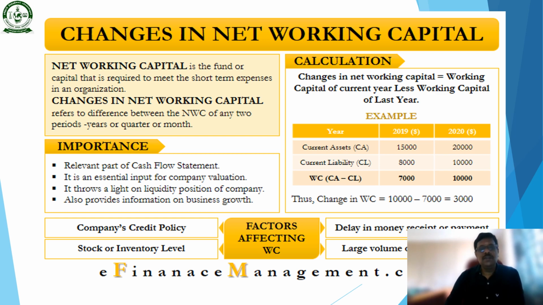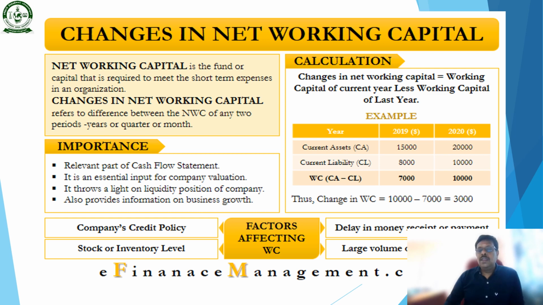How can we find changes in net working capital? It refers to the difference between net working capital of any two periods, in years, quarters or months. How can we calculate this? We already saw that current assets minus current liabilities is working capital.